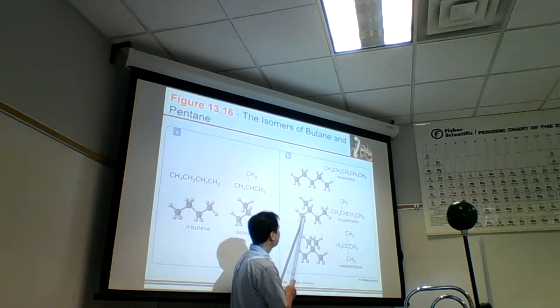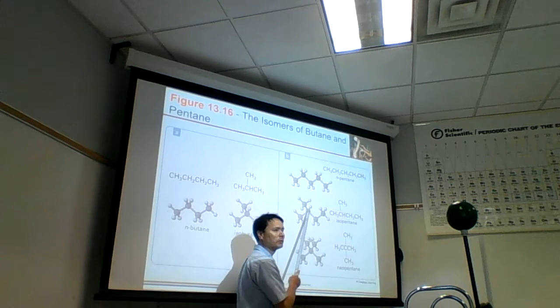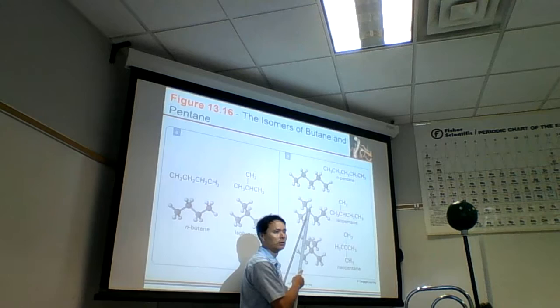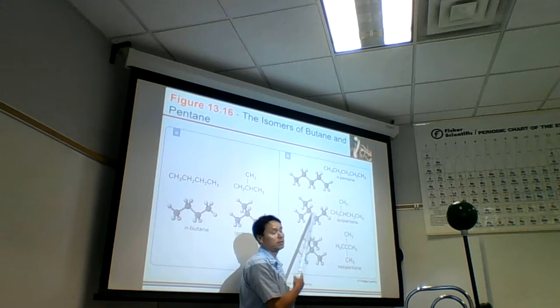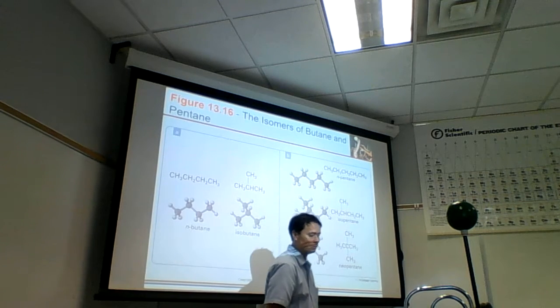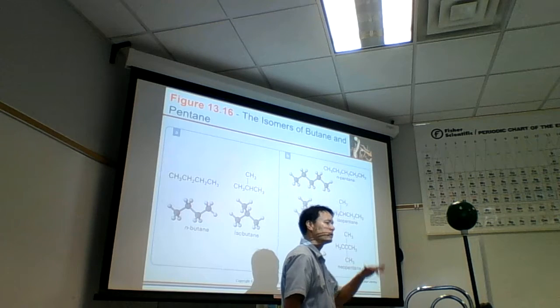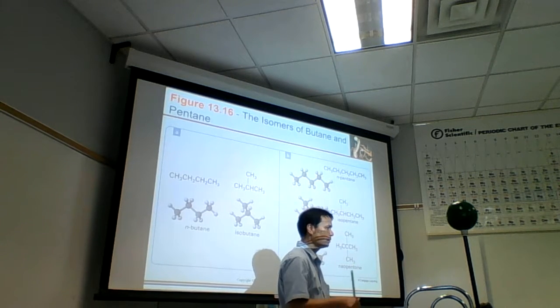And so should you call this 2-methylbutane or 3-methylbutane? Actually, they're the same thing. We've got to choose one because we don't want two names for the same thing. And so the rule is this: you always go with the lowest number possible. And so the correct answer would be 2-methylbutane.